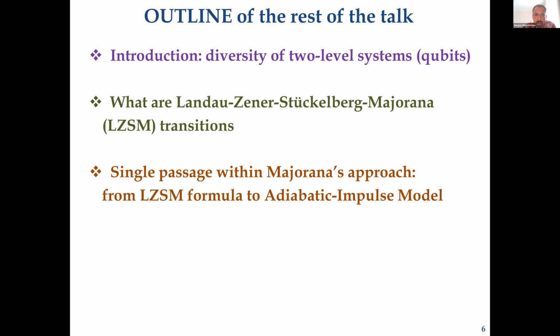Then I'll tell in a little bit more detail how these are described by the least probably known approach following Majorana. I'll show you what is now known as LZSM interferometry, and one of the topics in quantum control by means of these non-adiabatic transitions, LZSM logic gates.